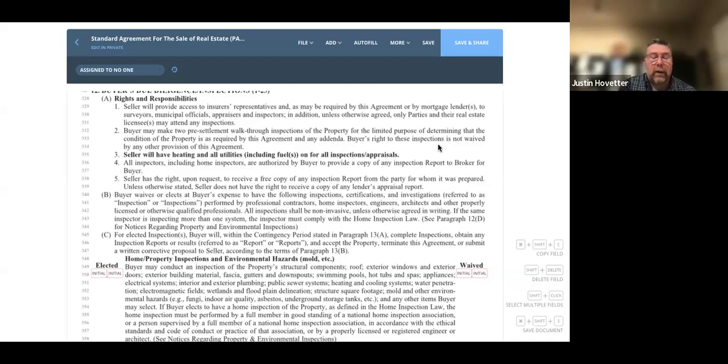So if your seller is pissed at the whole situation about a delay in closing and they shut off power the day before closing, or on the day closing was to occur and it extended, you need to have that power back on. You need to have all utilities on, because that buyer needs to inspect that stuff.